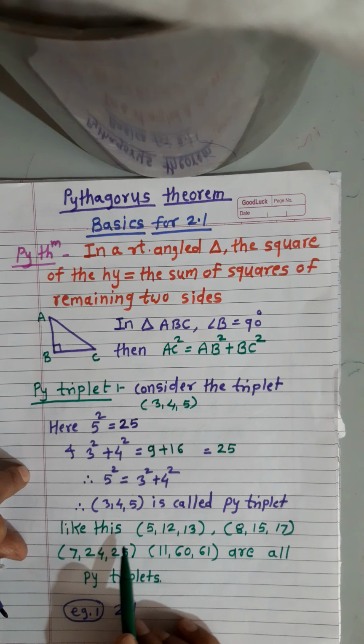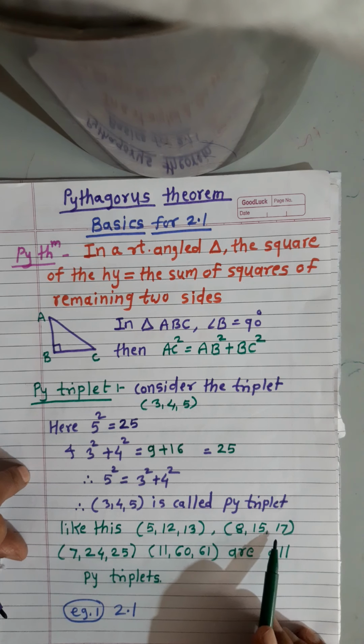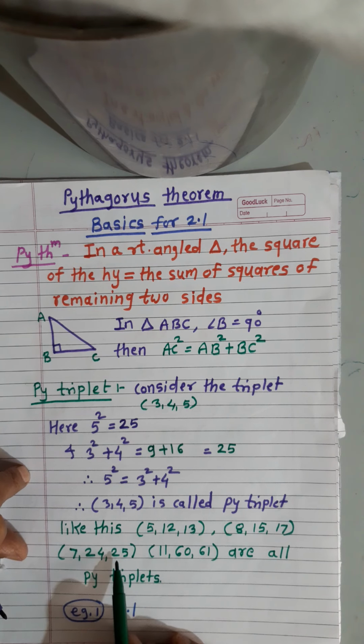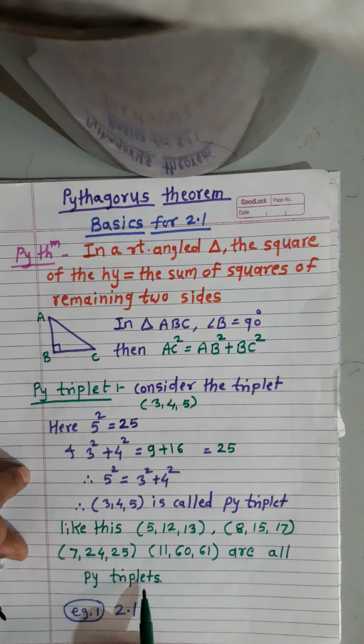Like this also 5, 12, 13; 8, 15, 17; 7, 24, 25; 11, 60, 61. All these are Pythagoras triplets.